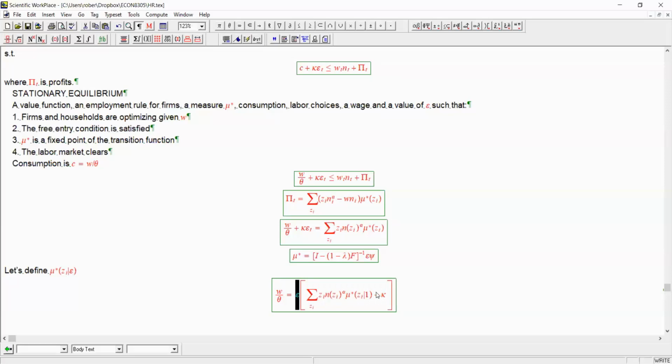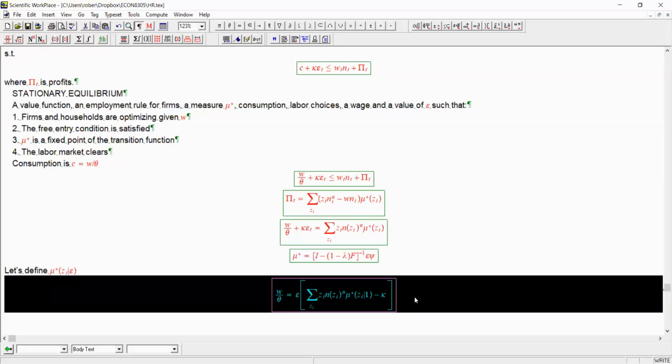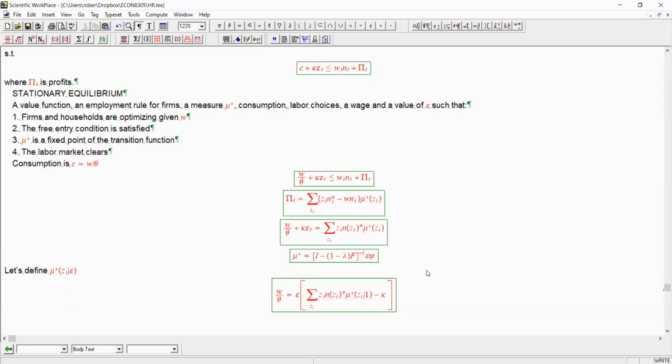Of course, this would fail if kappa is so large that this whole expression is negative. But of course, those are not empirically relevant values. So for empirically relevant values, there should be one epsilon that satisfies this equation. And that means that we have solved this model. Good job.